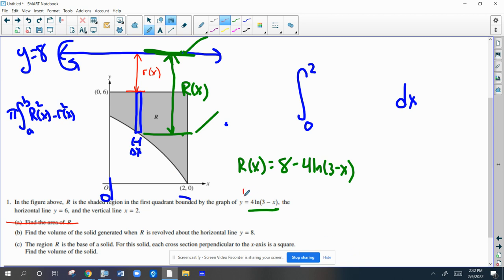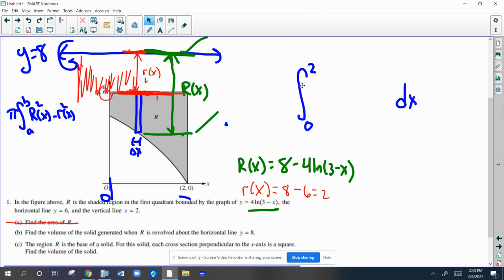The best thing is that measurements never change. It's always the top of the arrow here minus the bottom arrow. So this is y equals 8 minus, now the bottom of this arrow is consistently on this y equals 6. So little r of x is 2. Now that really makes a lot of sense, because you know the distance from here to here is always 2.